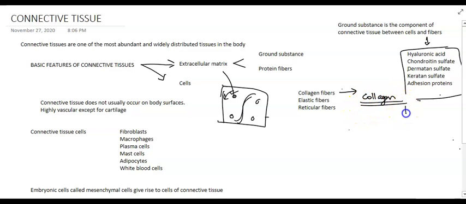And these are arranged as parallel bundles. So that is why they have high tensile strength, or they resist the tensile forces. And the elastic fibers are formed by a protein called elastin, and they are arranged as a fibrous network.